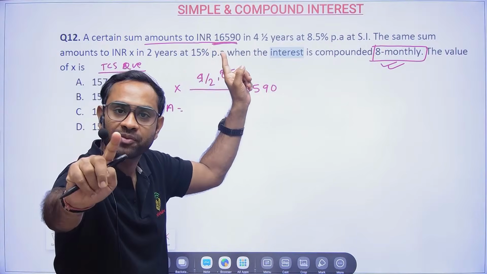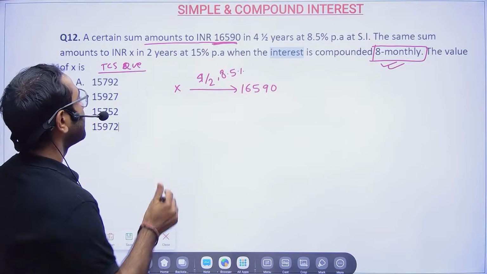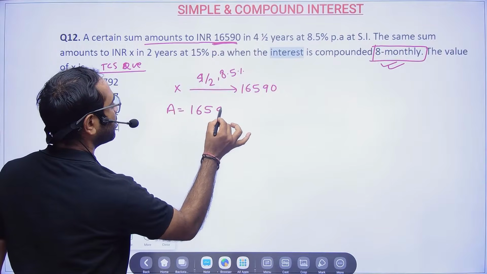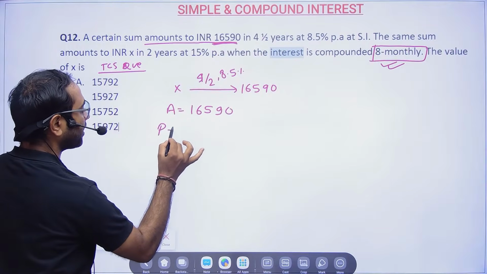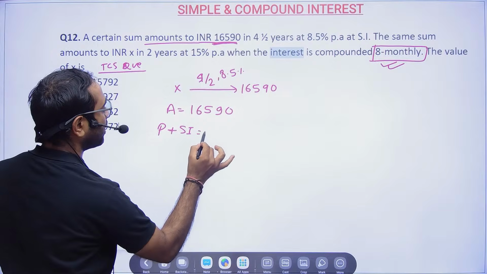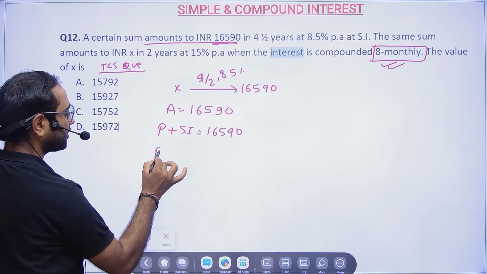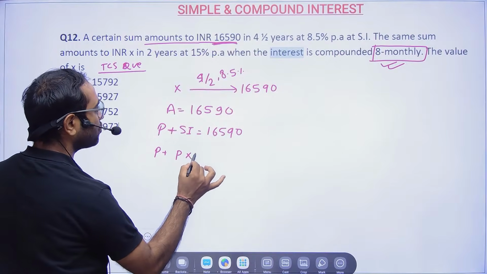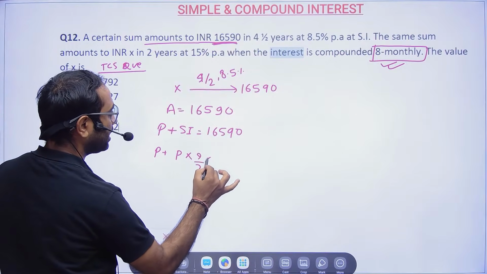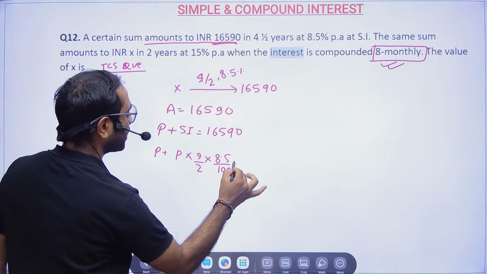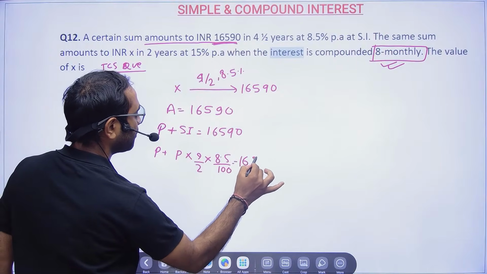This is not the principal, don't get confused, this is the amount. Amount will be principal plus simple interest, which is 16,590. So what is the principal? Don't know, so let us take P. Simple interest is P into T into R, so 8.5 by 100, equals 16,590.